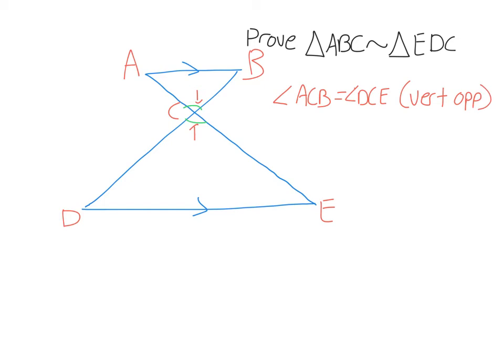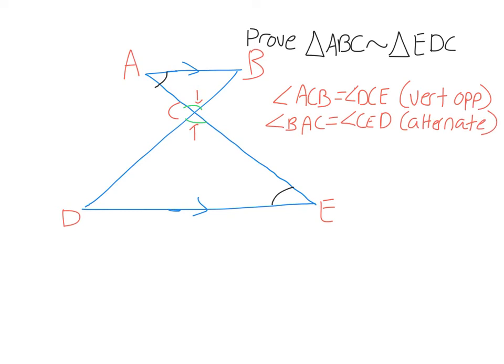Now, because this line AB is parallel to DE, that means that these two angles will be equal because they're alternate. So I write that angle BAC equals angle CED, and the reason is alternate. Now, the AAA test is pretty much the same as the AA test.